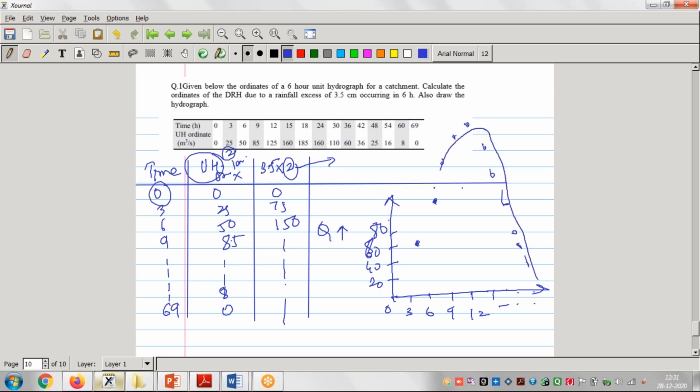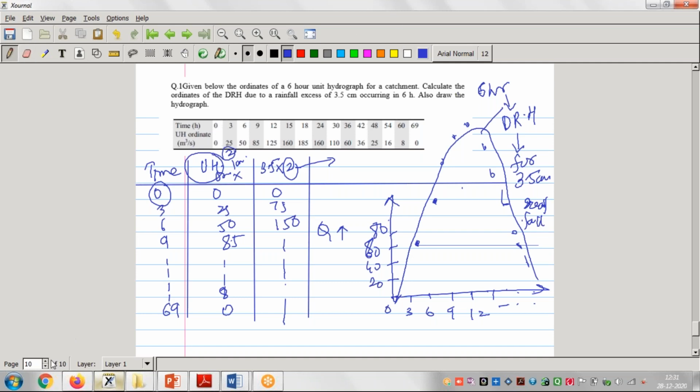You join these points, you will get a graph, and this graph will be the 6-hour direct runoff hydrograph for 3.5 centimeter rainfall depth.